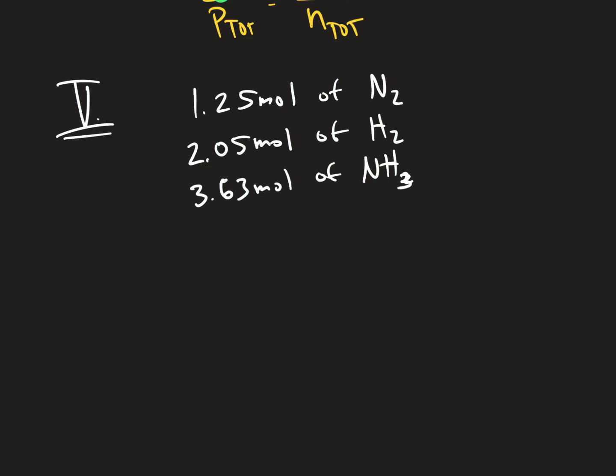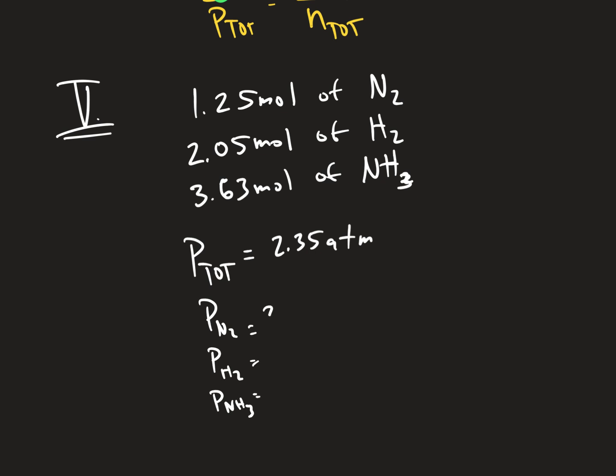If the total pressure is 2.35 atm, what is the partial pressure of each component? So partial pressure of N2, partial pressure of H2, partial pressure of NH3. So that's what we're looking for.